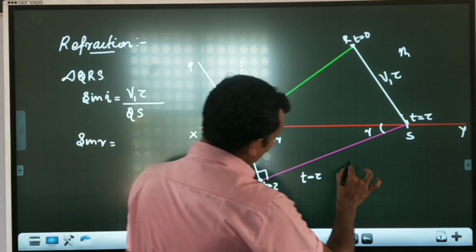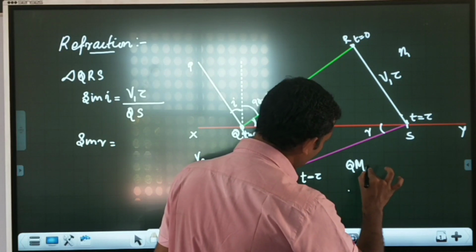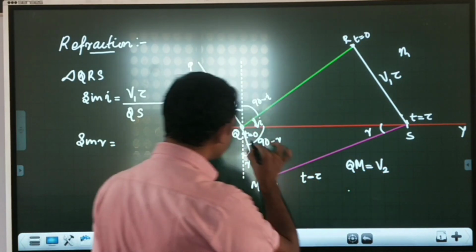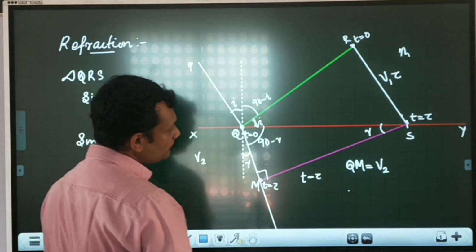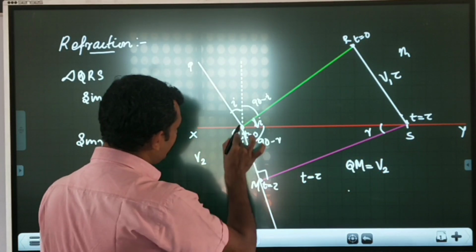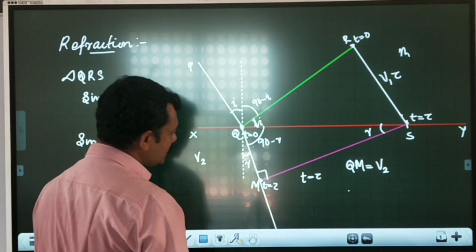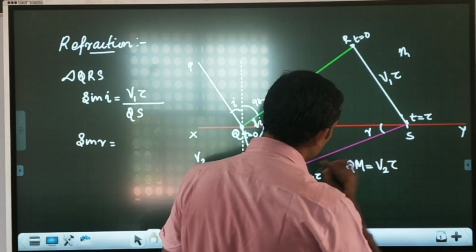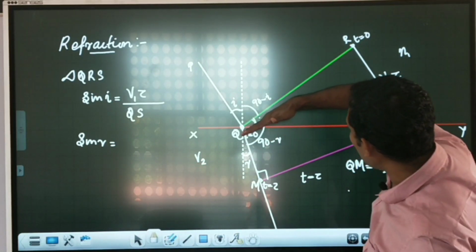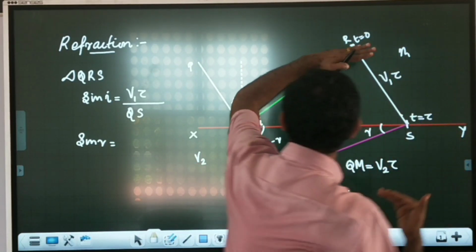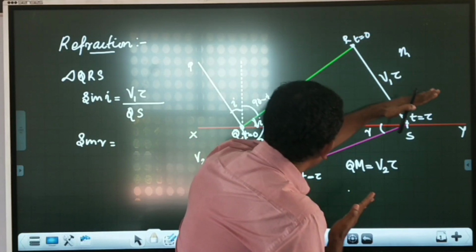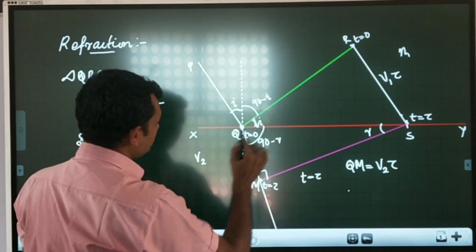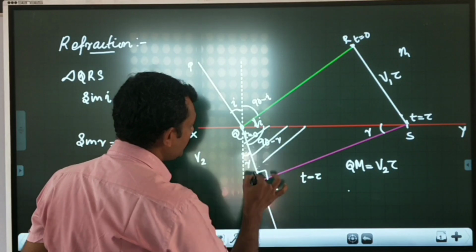So I can say Qm is equal to the speed of light in that medium, which is v2, times the time interval. Here it is t equal to 0, here it is t equal to tau, so v2 into tau. By the time this reaches here, as it moves likewise, the refracted wavefront starts moving likewise.